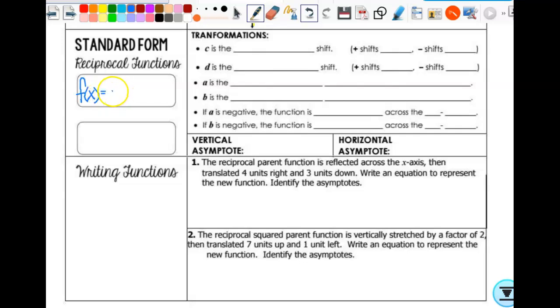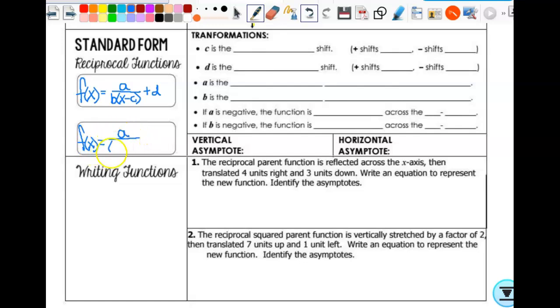We start with the A. Well, we can put the A out front, but it really goes in the numerator. I mean, it's the same thing, but just kind of how we write this. So A up here, and then B times x minus C in the denominator, because the C and the B both affect the x, right? And then plus D.